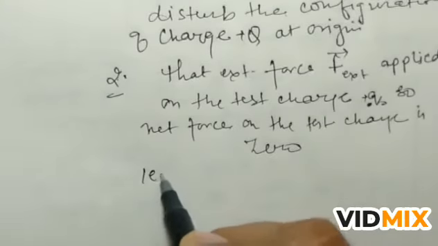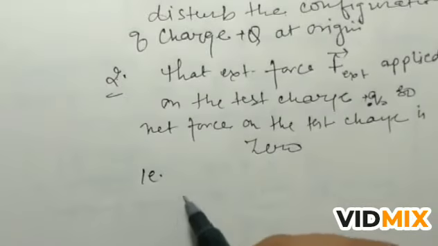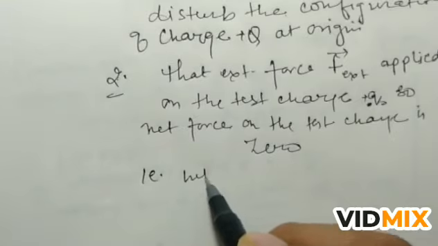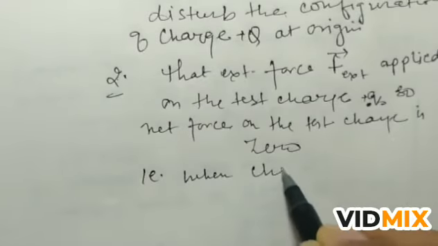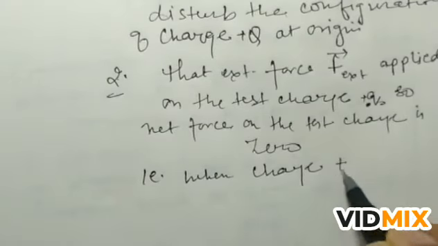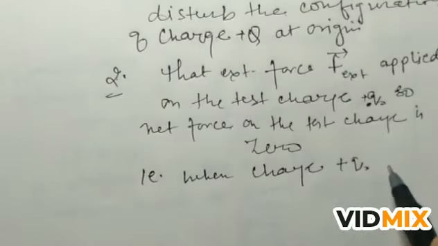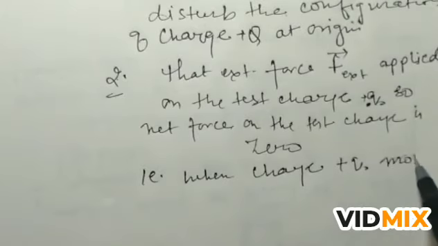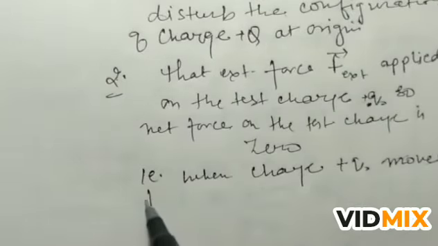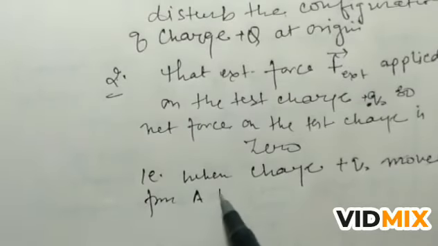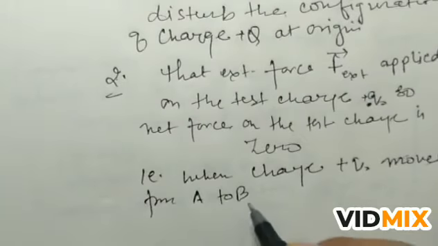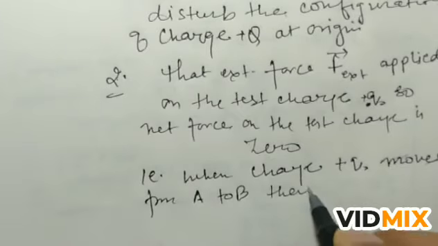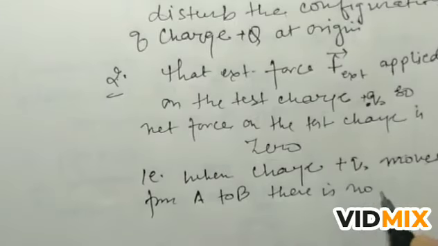That is, when charge plus q naught moves from A to B, there is no acceleration.